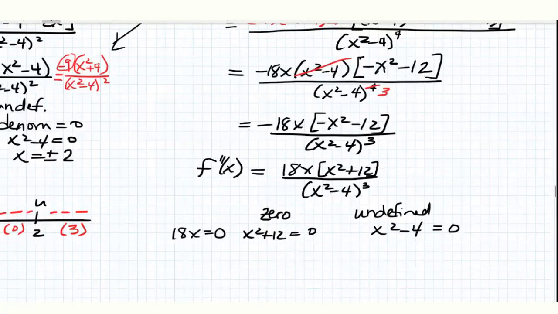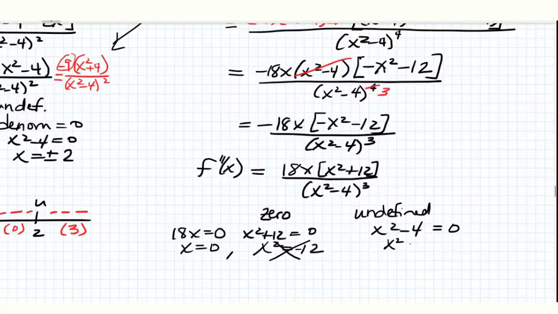If 18x is equal to 0, then x has to be 0. If x squared plus 12 is 0, the only way that can happen is if x squared is equal to a negative number, and we're not interested in imaginary solutions here, so we're working on real valued functions. And then x squared minus 4 equals 0, meaning x squared equals 4, so x cannot be plus or minus 2 again.